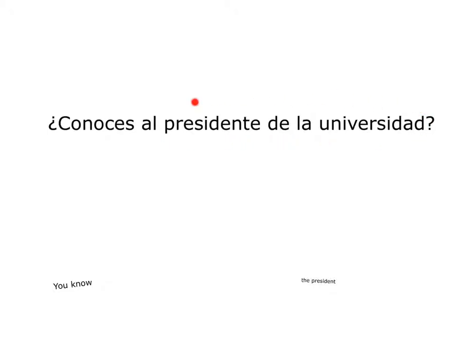The person in the sentence that I'm asking if you know, him or her, you have to identify first. So, al presidente de la universidad. Then you need to replace that person or those people with a direct object pronoun. Me, te, lo, la, nos.